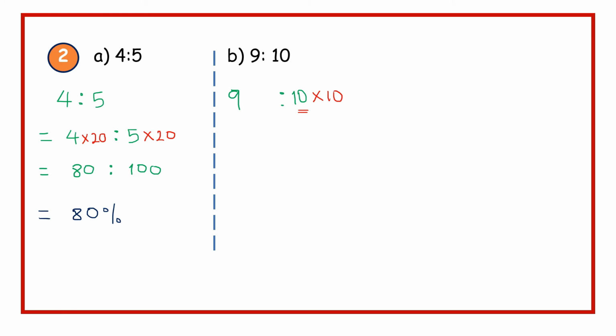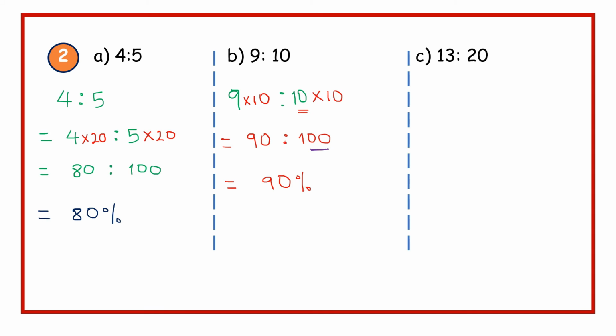And we will do the same to the second part of the ratio, such that we get 9 times 10, which is 90, to 10 times 10, which is 100. Now that the second part of the ratio is 100, then it means that we have already got a percentage, and that is 90%. So the ratio 9 to 10 is the same as 90%.